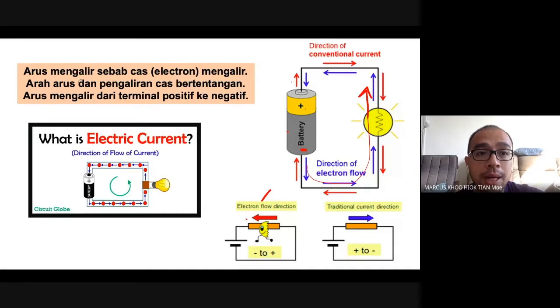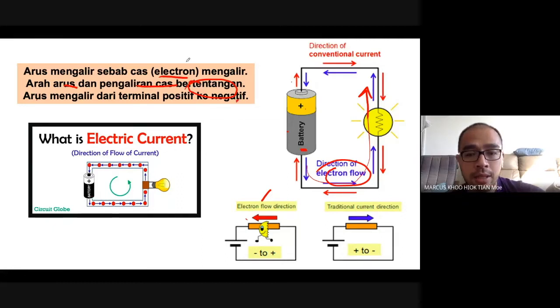So there is a current flow because there is an electron flow. The only thing is that the current flow and the charge flow, which is the electron, are opposite.